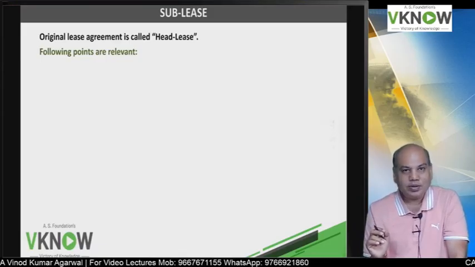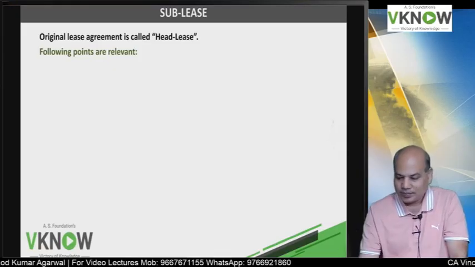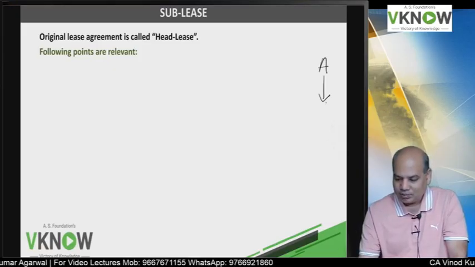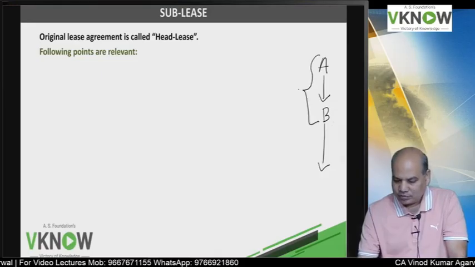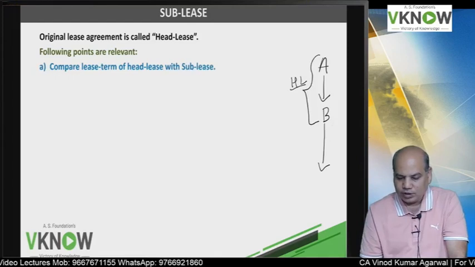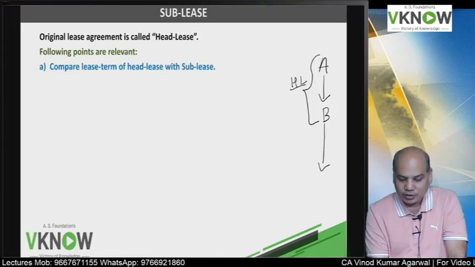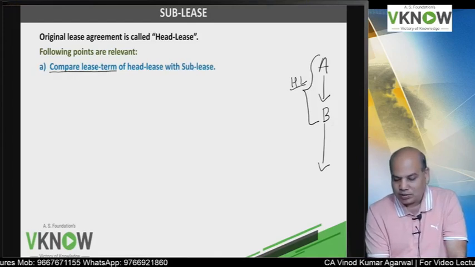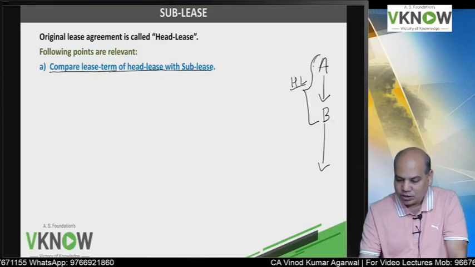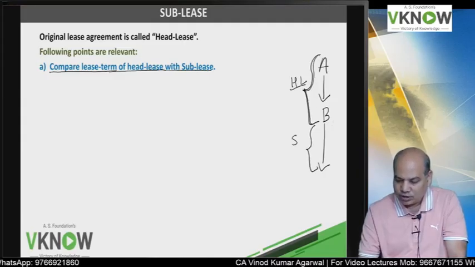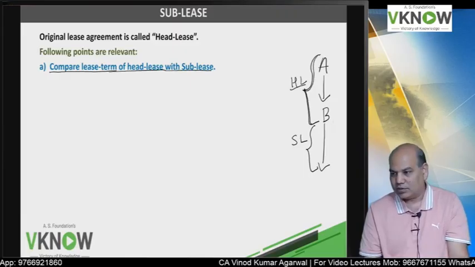Original lease agreement is called head lease. A, B, C. This arrangement is called head lease. Following points we will take care of while solving. Compare lease term of head lease with sub-lease. That is, what is the lease term for head lease and what is the lease term for sub-lease. Compare the two.